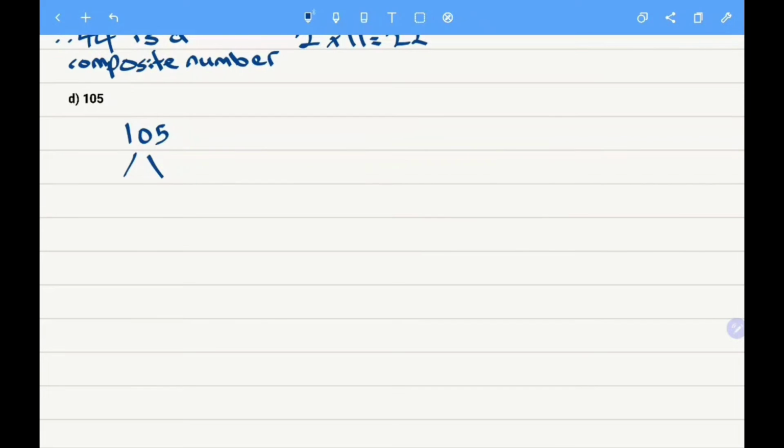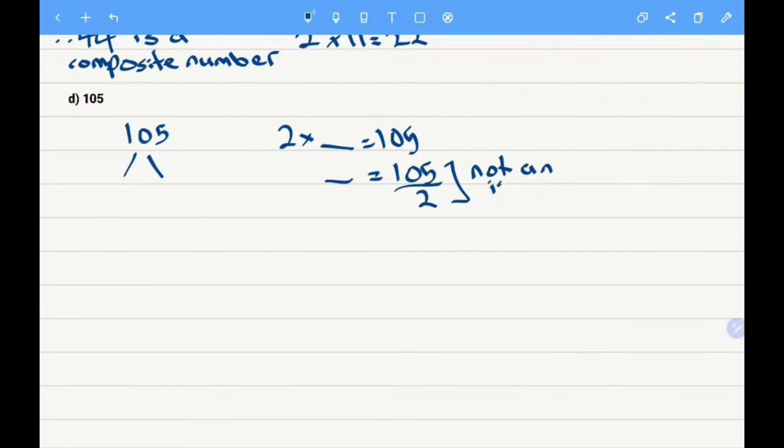How about 2? 2 multiplied by what gives us 105? If we divide both sides by 2, we get 105 over 2. This is not an integer. So we now know that 2 is not a factor.